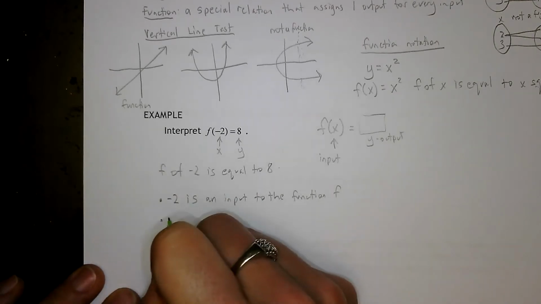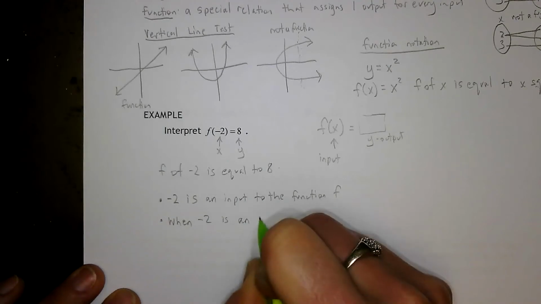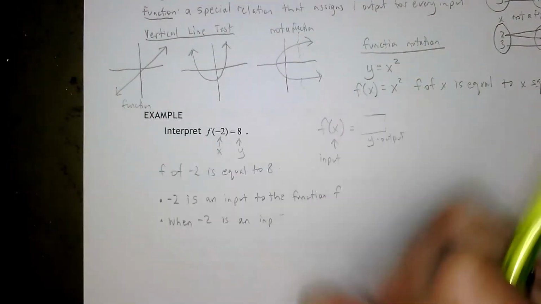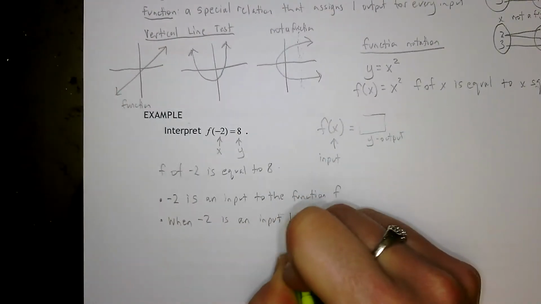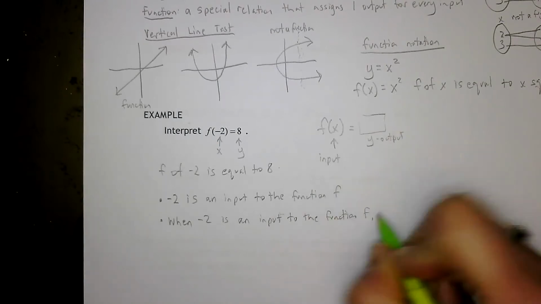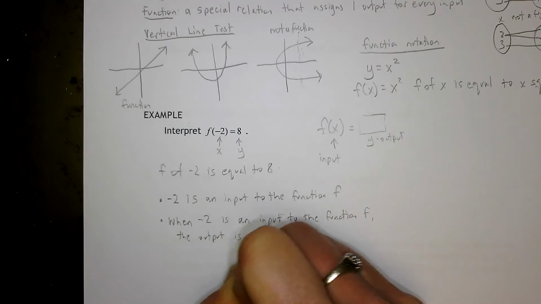Another thing is when negative 2 is an input to the function f, the output is 8.